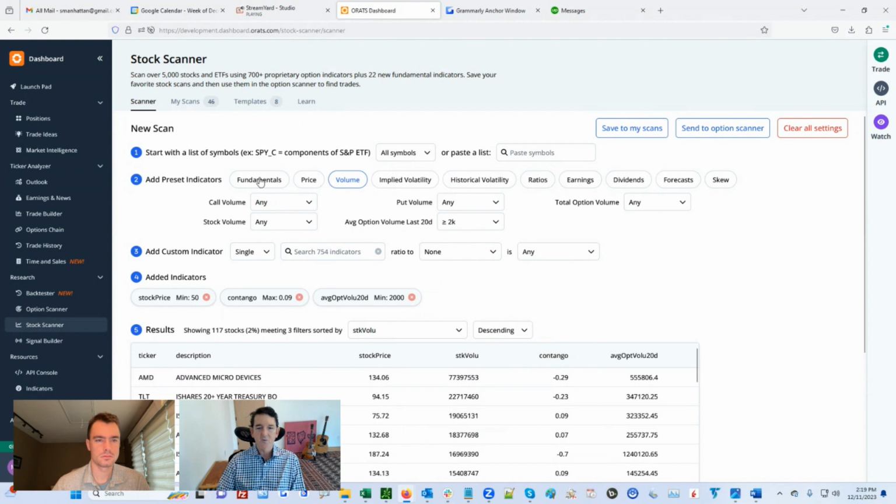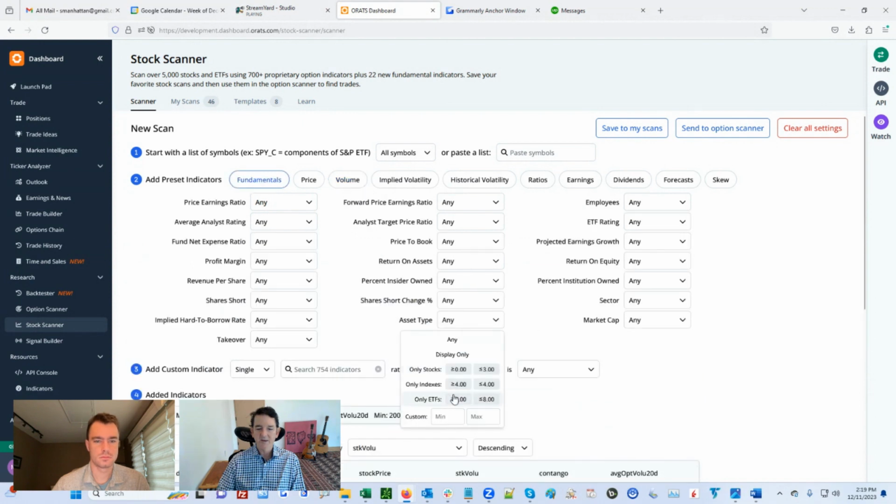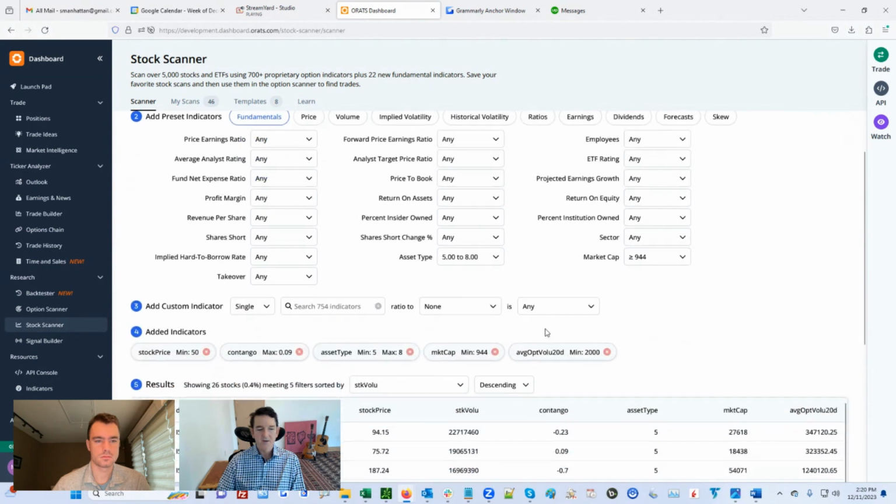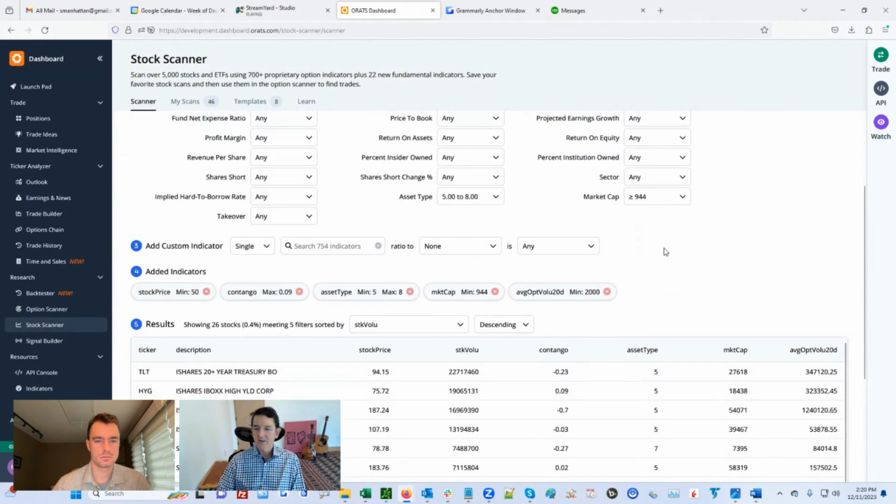Again, I want to look for an asset type of ETFs like we looked at before. Maybe some high market cap in there wouldn't hurt. Let's see what's coming out here. Then let's sort it by Contango. We're sorting it by negative, by ascending Contango.